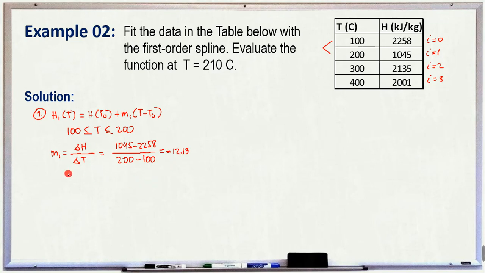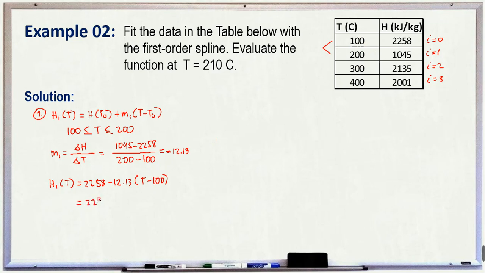Okay, so our first linear spline for enthalpy, denoted as h1 of t, is equal to h of t naught, which is 2258, plus the slope, negative 12.13, times t minus our t naught, which is 100 degrees Celsius.